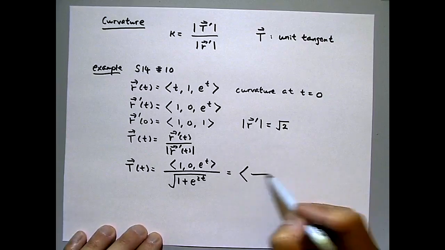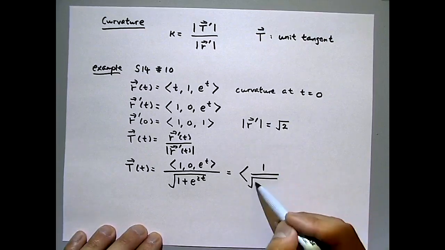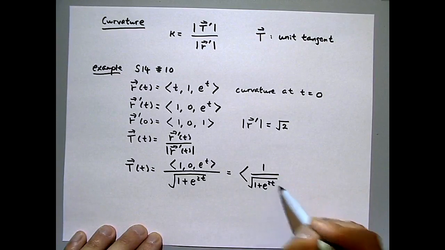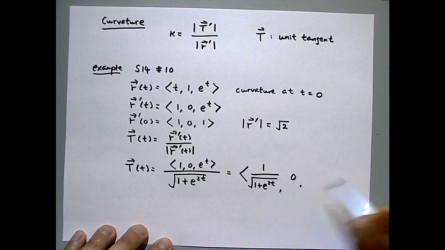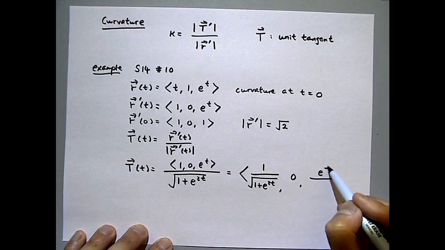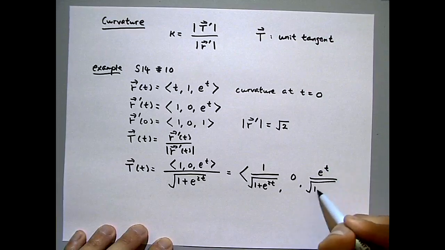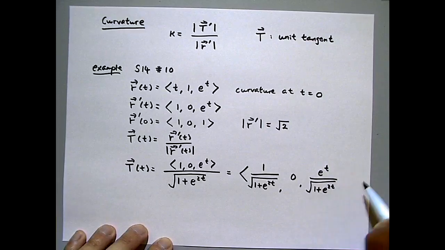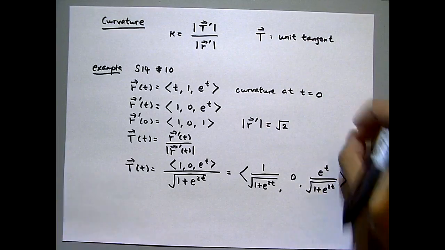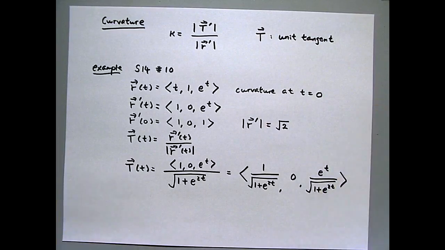So this is 1 over this thing, 0, e to the t over 1 plus e to the 2t, all under a root here.